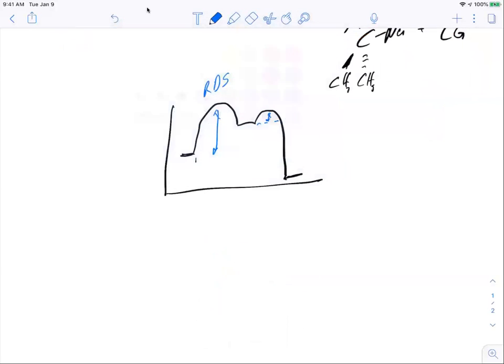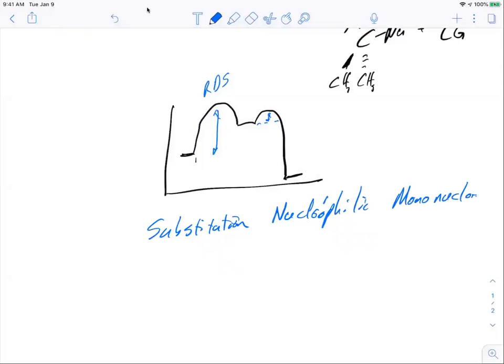Again, this is where we get the SN1, so it's substitution, nucleophilic, first order or unimolecular.